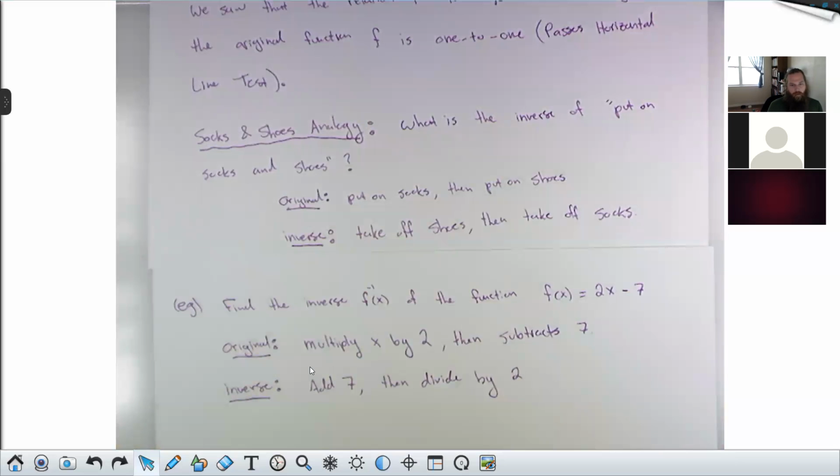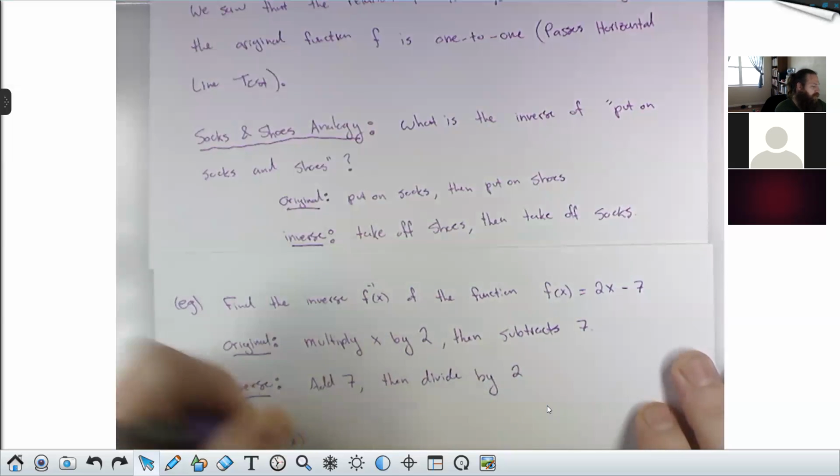So now that I have this verbal description of the inverse, can we describe that algebraically? Well, let's think. What is the function that does this? Adds 7 to its input, then divides that result by 2. What does that look like?